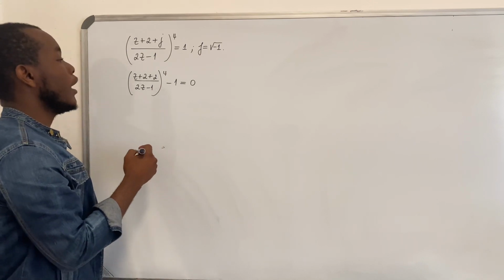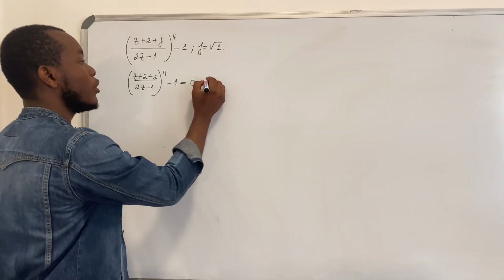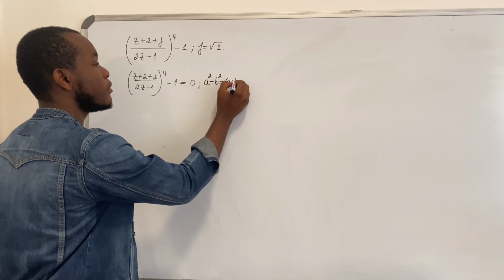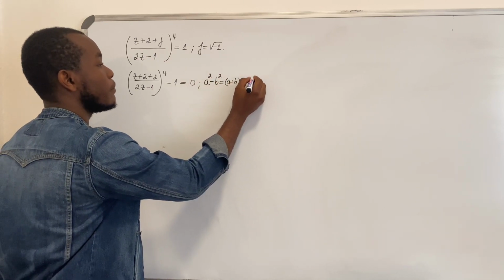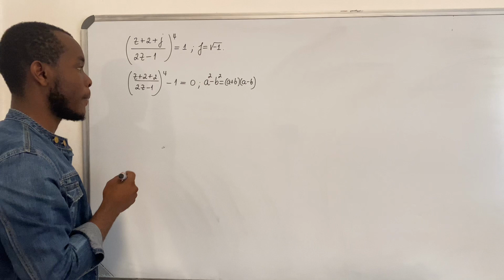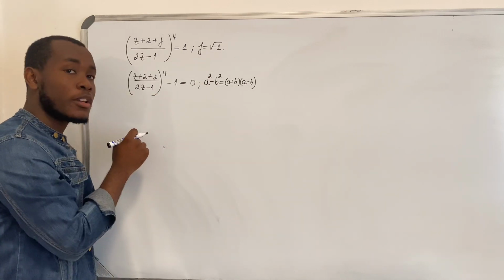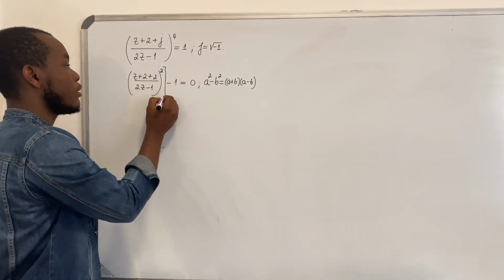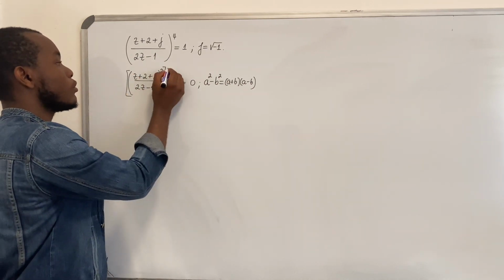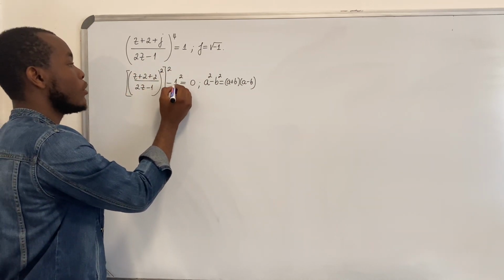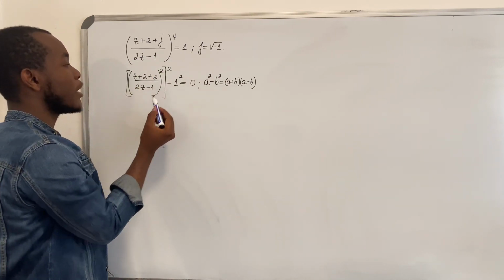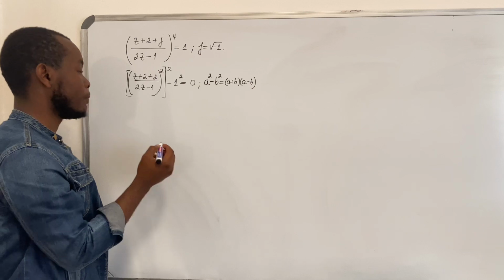Now, we know that a squared minus b squared is equal to (a plus b) times (a minus b), the difference of 2 squares. But we don't have the difference of 2 squares here. But we can say the power 4 is the same as 2 squared, all squared, and 1 is also 1 squared. Now this becomes my a and this becomes my b, so I can apply this rule.